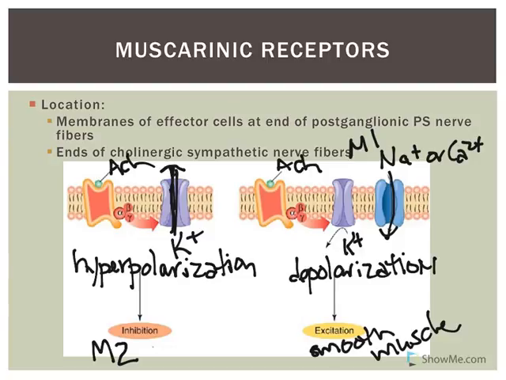and DAG. M1 and M3 are similar. The M2 and M4 types of muscarinic receptors, they tend to be inhibitory and they decrease cyclic AMP.